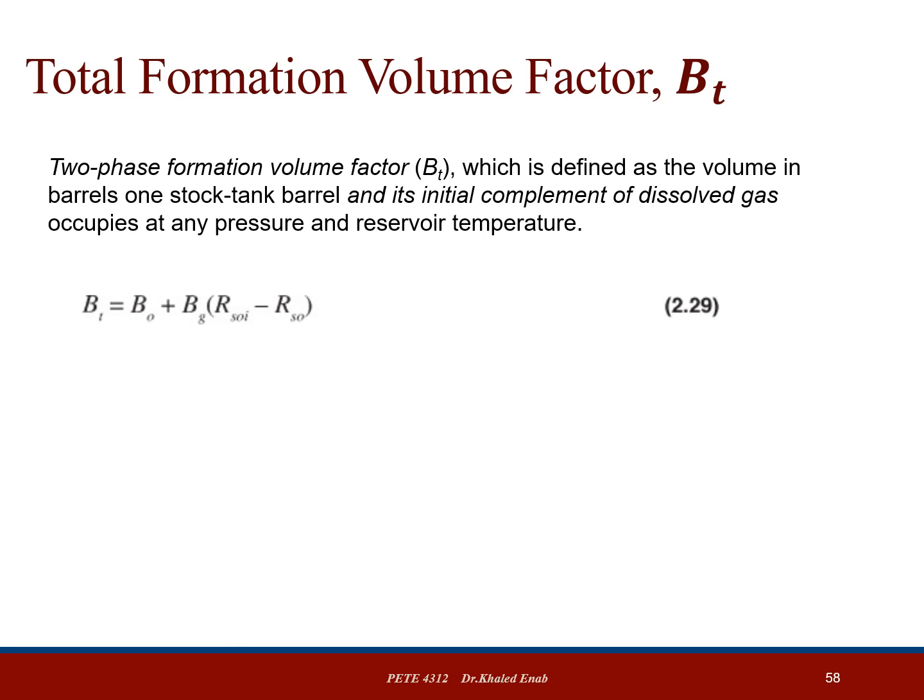So how much gas is released from 1 barrel when I move from 2000 to 1000? That would be the 100 I started with, the initial, minus the 50, right? So the released gas is 50. And to get the total formation volume factor, we account for this amount, because it gives us how much Rso is left, plus the change in the oil ratio, which gives us the total formation volume factor.